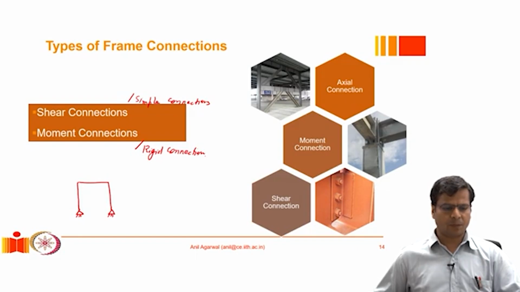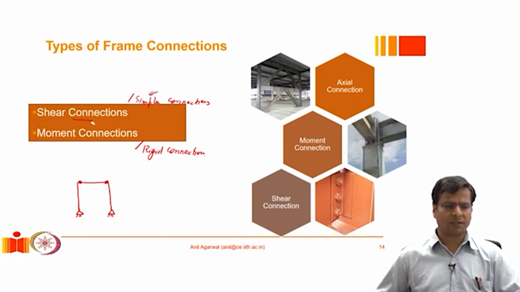Now in this frame, if we have hinges here, that means there is no resistance against relative rotation. By relative rotation, I mean the rotation of the beam with respect to the column. If the beam and column can rotate with respect to each other, that type of connection would be a shear connection or simple connection.